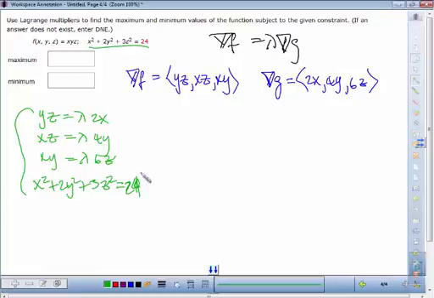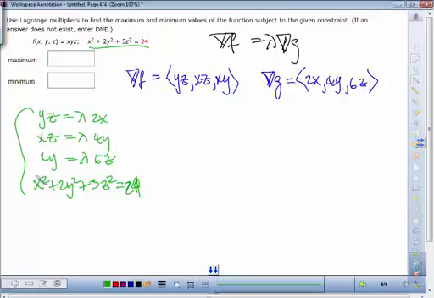Okay, so there's a little trick to this. I don't know if this trick will work. We'll see what happens. I see an xyz potential over here.